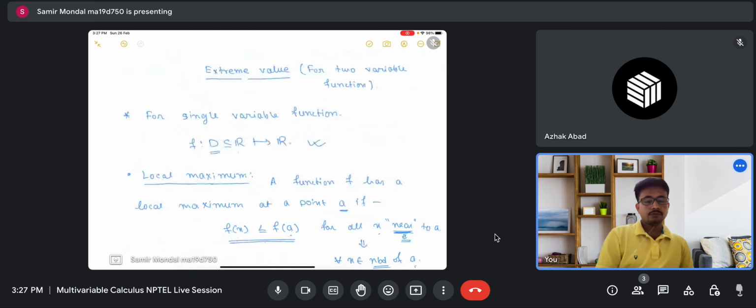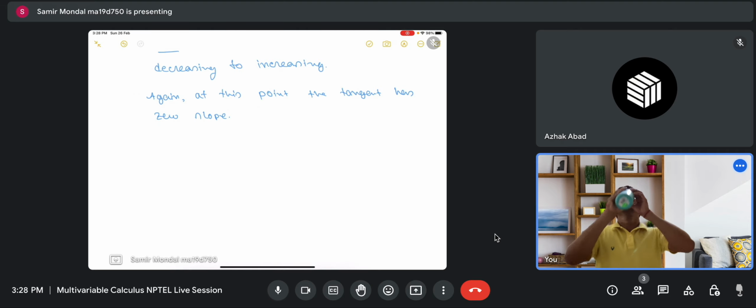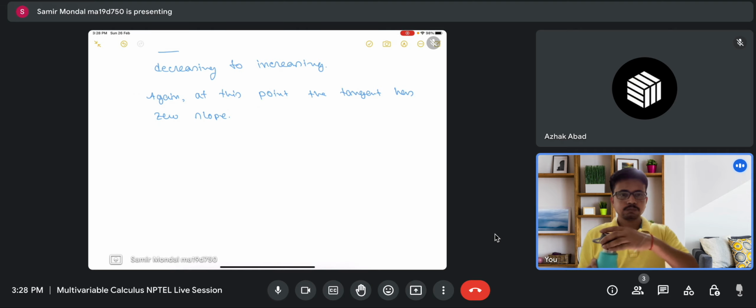Now we are interested in extending this notion of local maxima and local minima to functions of two variables.